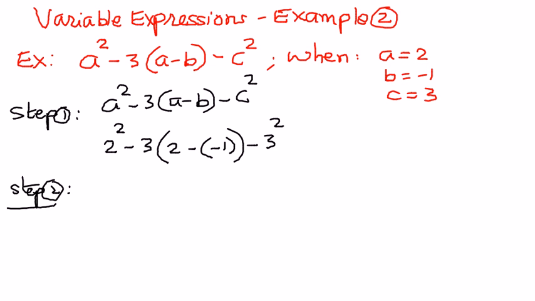So 2 raised to the power of 2 is 4, minus 3 times, we'll simplify the terms inside the parentheses. So we are using the order of operations, PEMDAS.